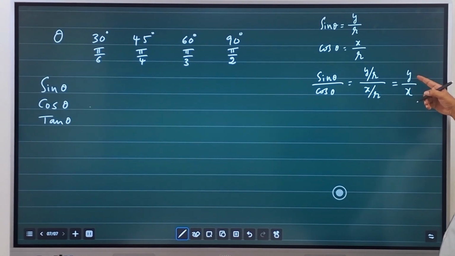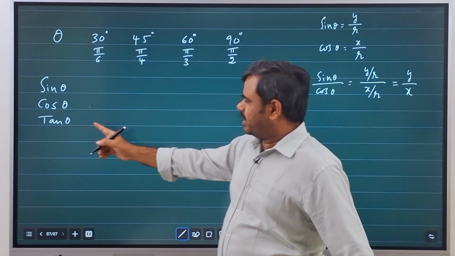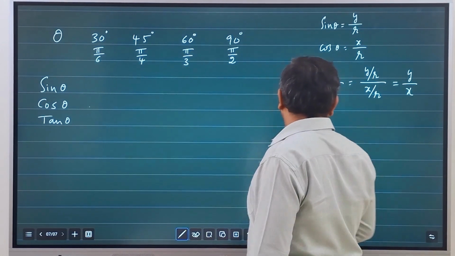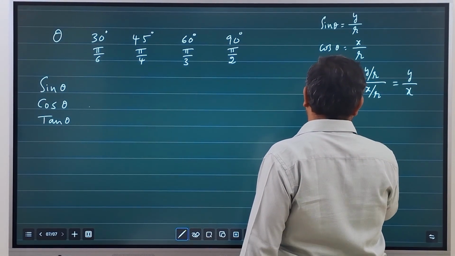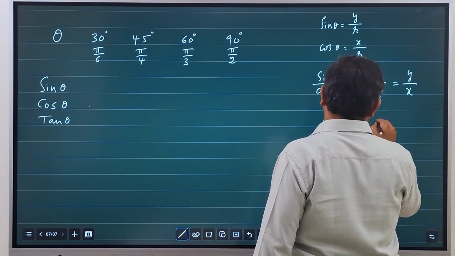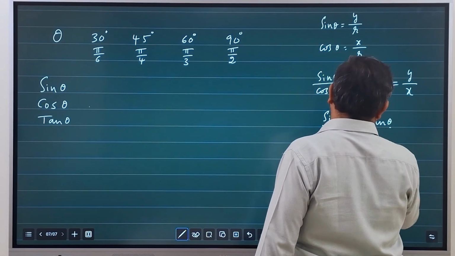Look at y. What is y? Opposite side of angle theta. What is x? Adjacent side of angle theta. So opposite side divided by adjacent side is called what? Tan theta. So sine theta divided by cos theta is equal to tan theta.